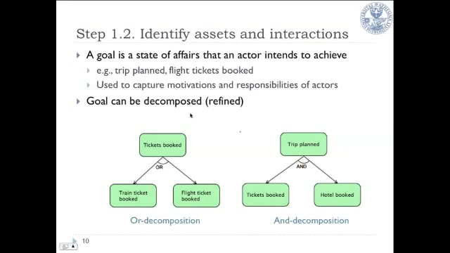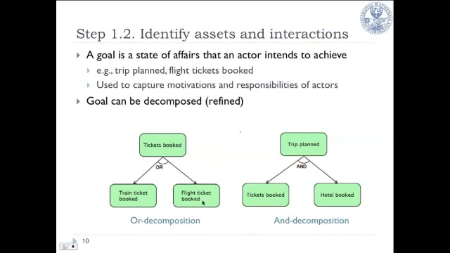In order to represent how goals could be achieved, very often we need to further refine them, so to see how we can accomplish a given high-level goal, say tickets booked or trip planned. The language offers two possibilities.